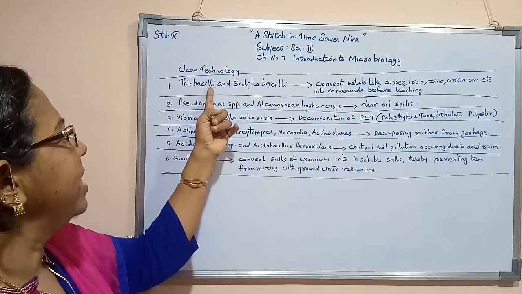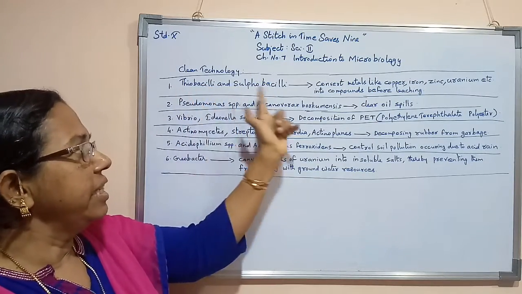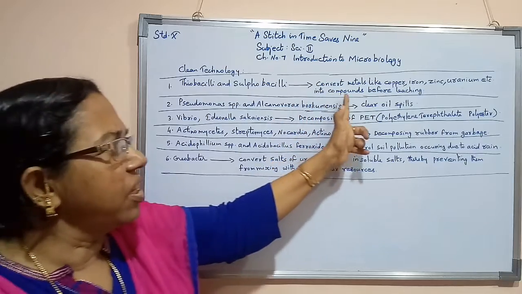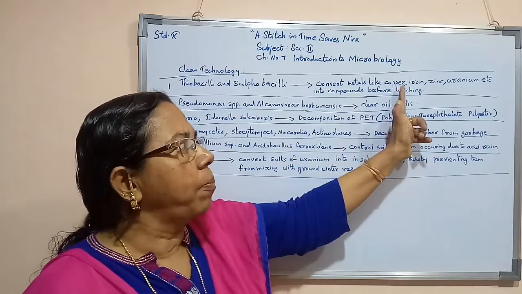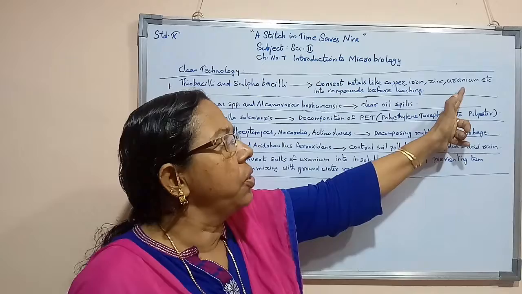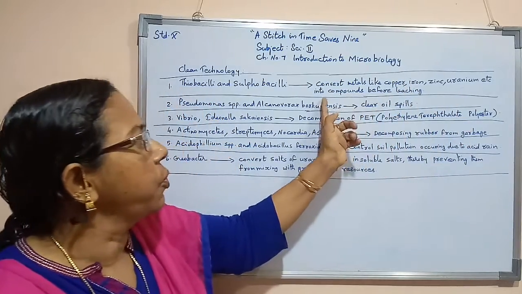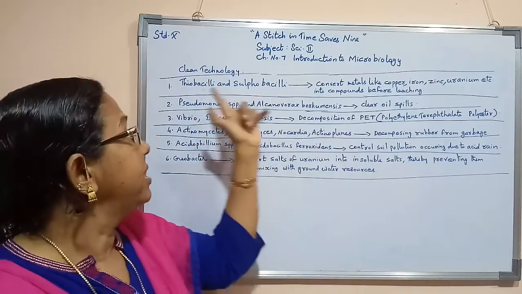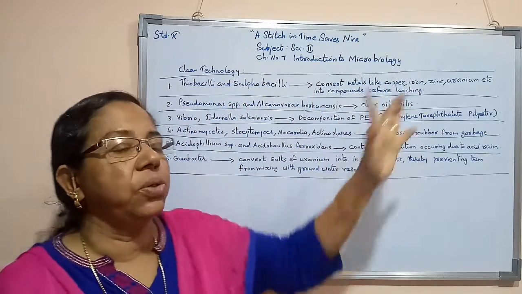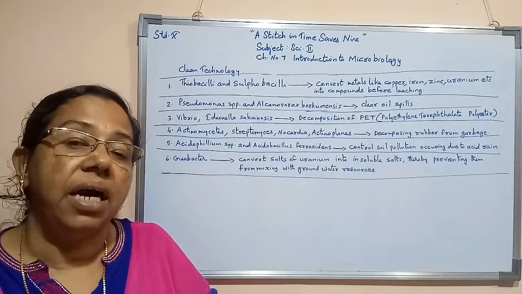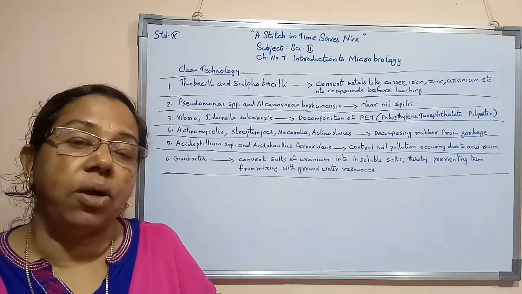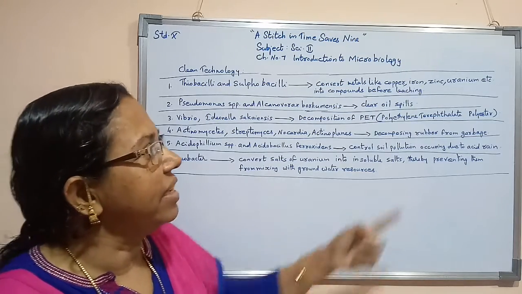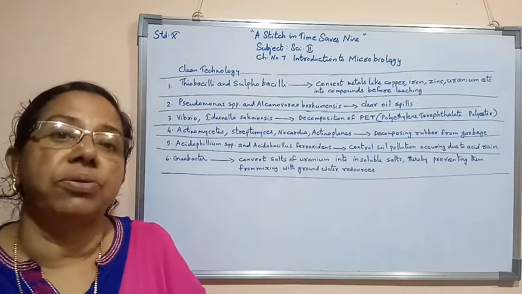First, Thiobacilli and Sulfobacilli. These microbes convert metals like copper, iron, zinc, uranium, etc. into compounds before leaching. So these microbes have the capacity to convert metals like iron, copper, uranium as well as zinc into their compounds.